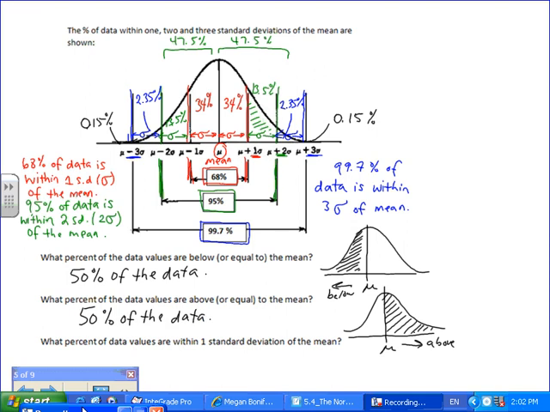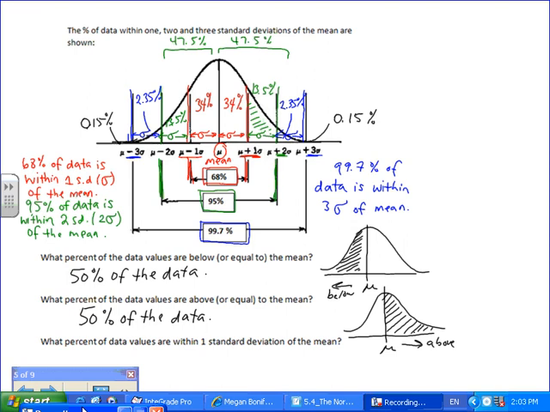All right, what percentage of data values are within 1 standard deviation of the mean? Let's go ahead and look at our graph up top for a minute. Where is 1 standard deviation of the mean? If I'm 1 standard deviation above the mean, it's right here in the red. And if I'm 1 standard deviation below the mean, I'm right there.